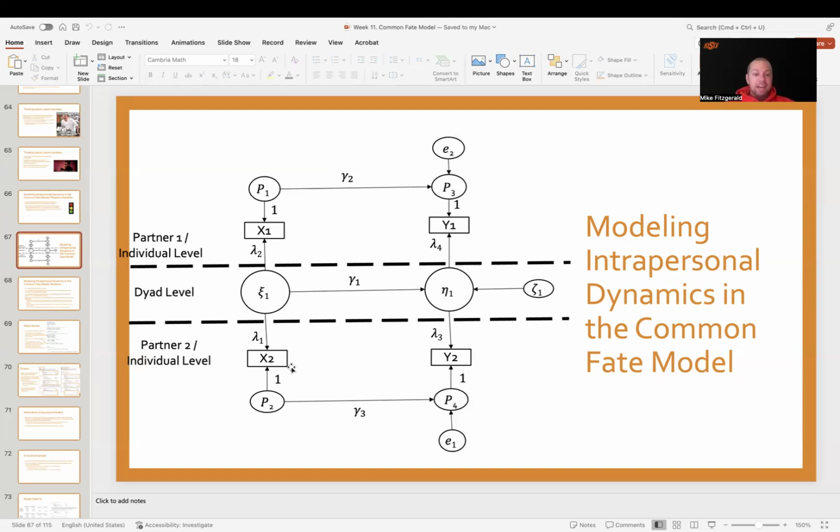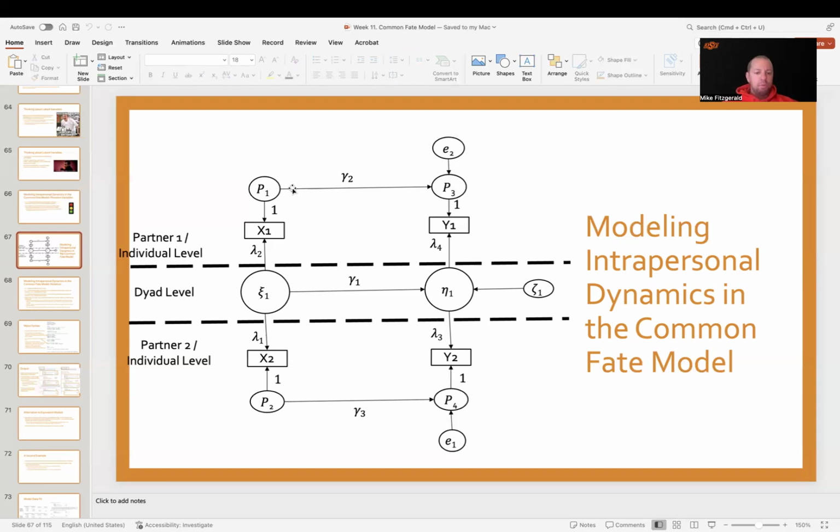Well, in dyadic analyses, they're actually really important because, again, that's where the unshared perceptions of relationship mindfulness are going to lie for each person. So, in addition to those typical things that we think about that are located in the residuals, we also have those unshared perceptions in the common fate model. And that's actually what we're going to be modeling here.